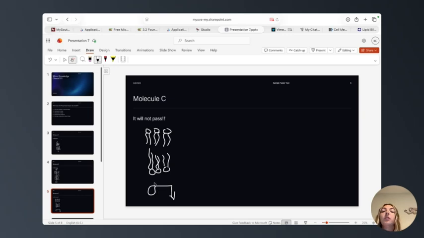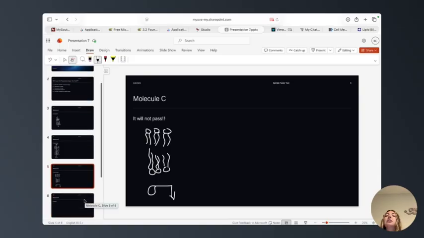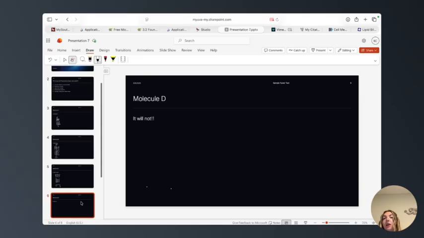And then molecule D, it is small, positively charged. What do we think? I think molecule D is not going to pass, because charged ions will not pass through. So, we're going to draw our heads and some tails.